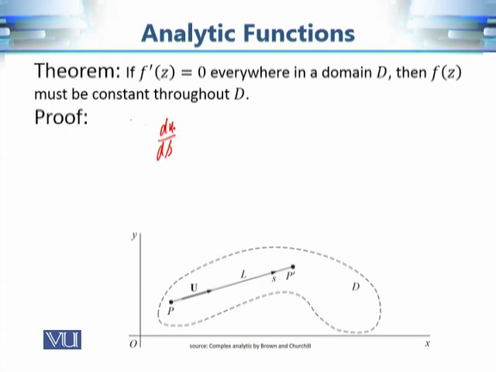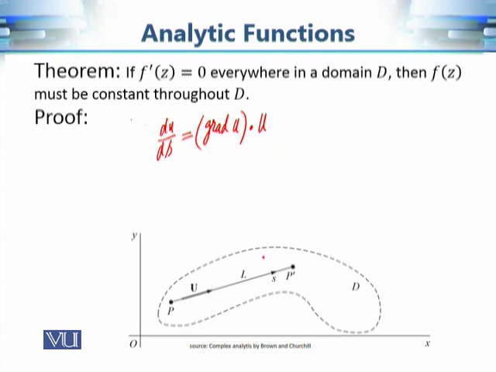That's why u is now a function of one variable, and the variable is s. So we can talk about the ordinary derivative of u with respect to s. This is in fact equal to the gradient of u dot this unit vector.